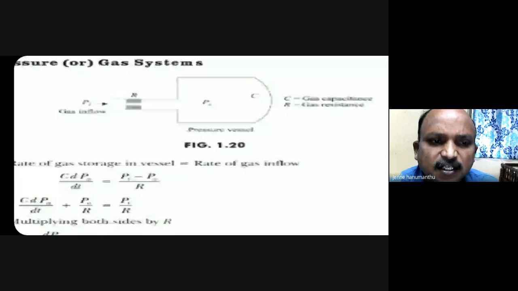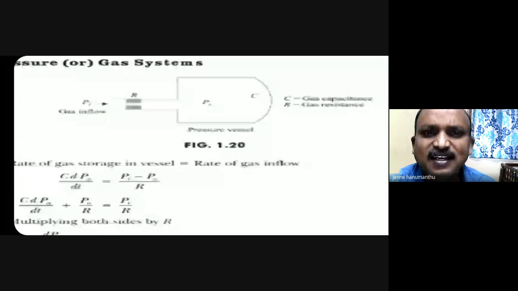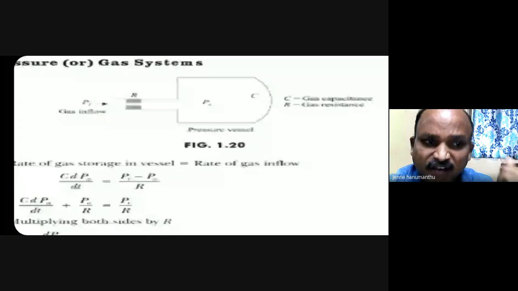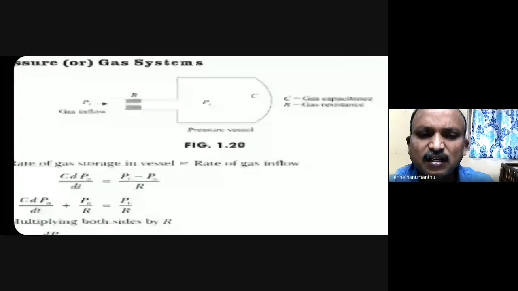On the first side, the input side, we are applying gas input flow of some pressure value, some flow rate, some temperature. For input we are considering three parameters: pressure, flow rate, and temperature. If required, we can consider more parameters, more manipulated variables. If you apply input to this pressure vessel, there is a restriction.